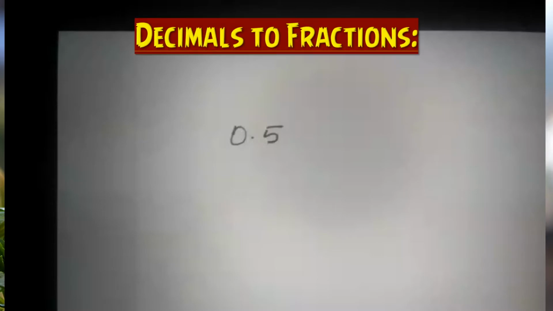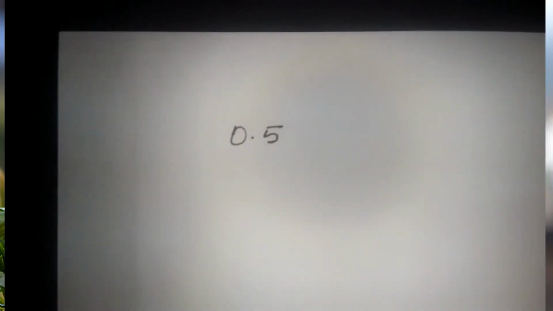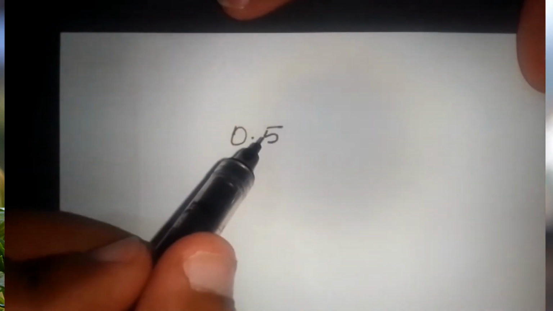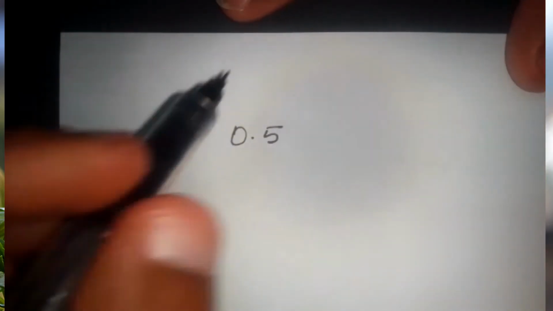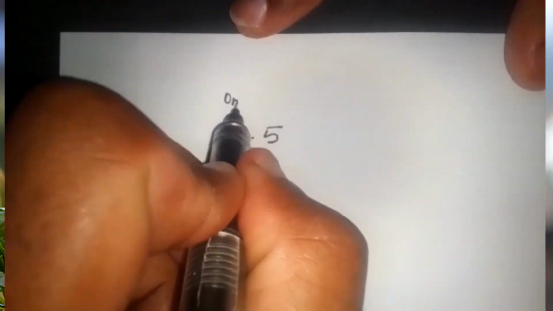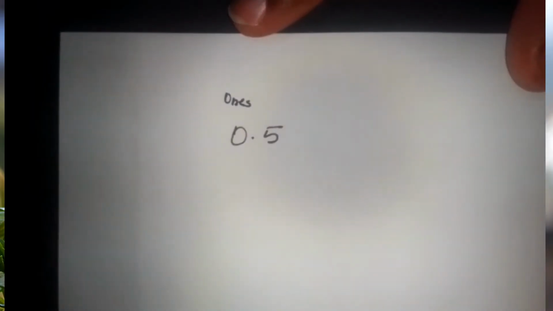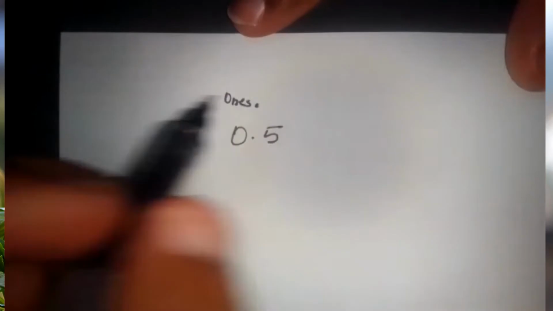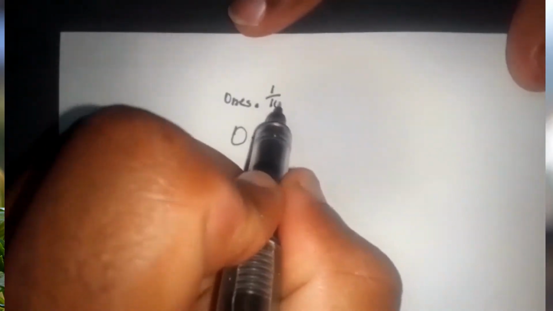0.5. So first things first, I want to identify my place value. When I see the decimal point, I know that the digit right in front of it is in the ones column, and the digit after the decimal point is in the tenths column.